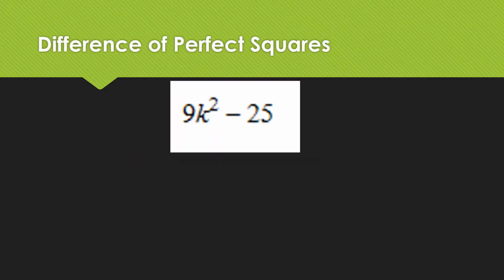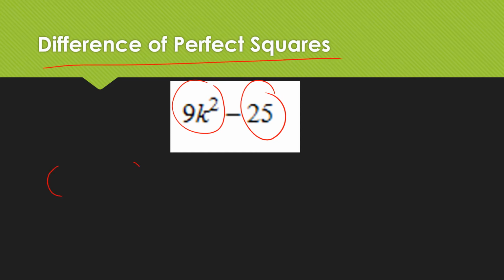Difference of perfect squares. So again, we always first check for a greatest common factor. 9 and 25 do not have any factors in common, and k squared, there's nothing else. So now, because there are two terms here, I know to use the difference of perfect squares. So I'm going to do the following. It will always look like this. The perfect square of the first term will go in the first two blanks of each parentheses.